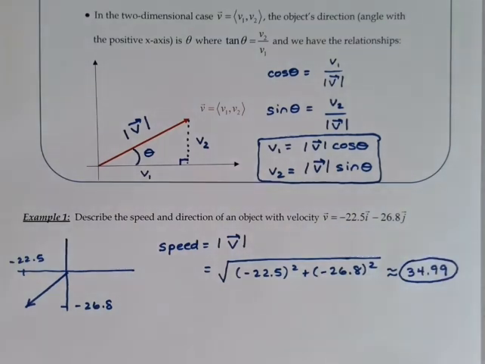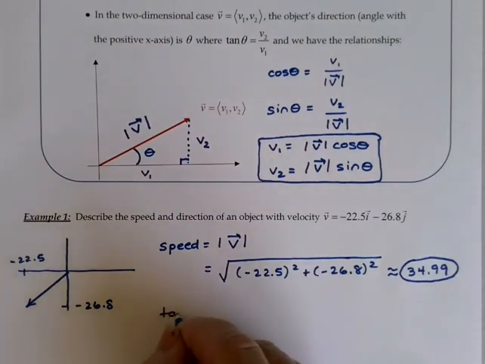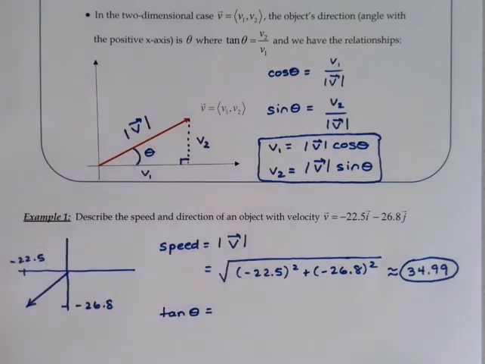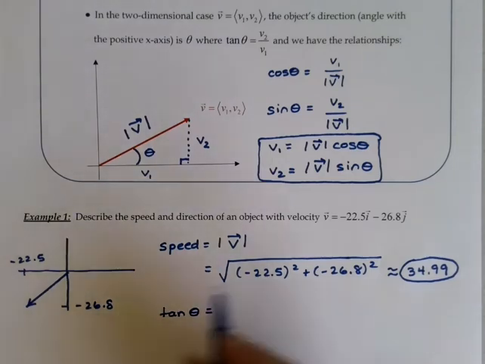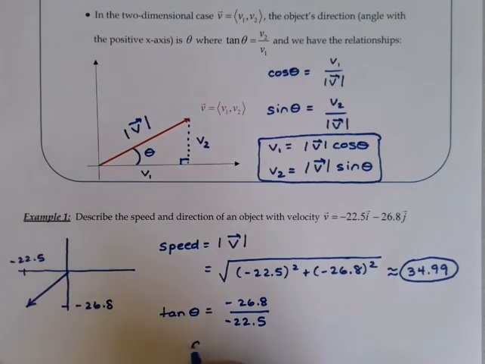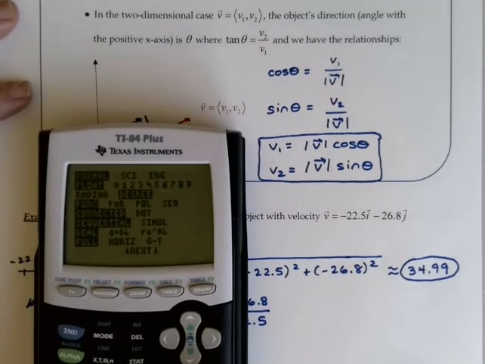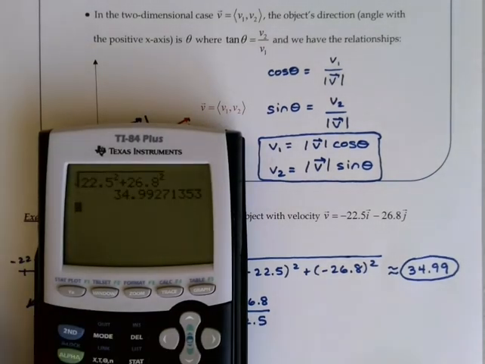All right, as far as direction, we're going to use the idea that the tangent of theta is v2 over v1. So that would be v2 is negative 26.8, and v1 is negative 22.5. And if we just do an inverse tangent on that, and I'm going to note that I am in degree mode here, so I'll get my result in degrees.